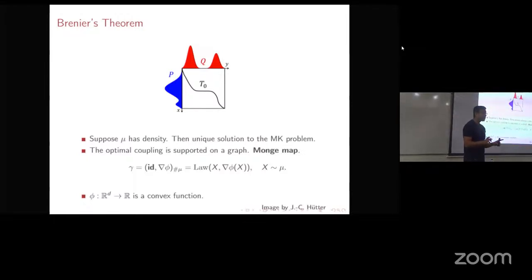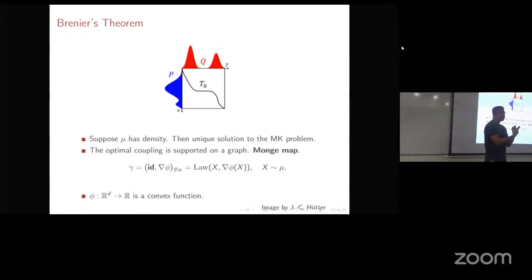Clear? Grad phi is unique. The problem has a unique solution. If I take a normal distribution, let's say a multivariate standard normal, and take any of your favorite other distributions, I don't know, some kind of exponential, some kind of heavy tail, whatever this distribution is, as long as it has finite second moment, then there will exist some convex function so that if you plug in your standard normal, the gradient of phi applied to the standard normal will give you that distribution.